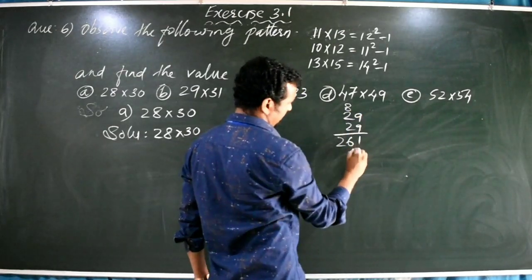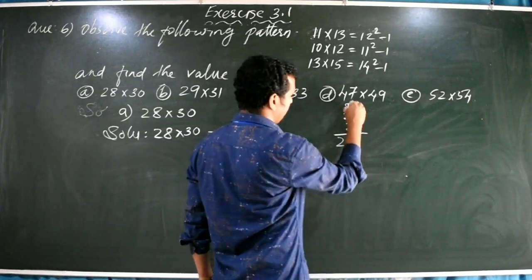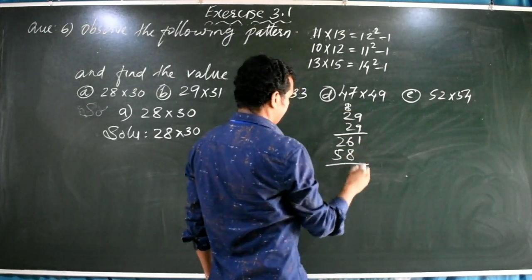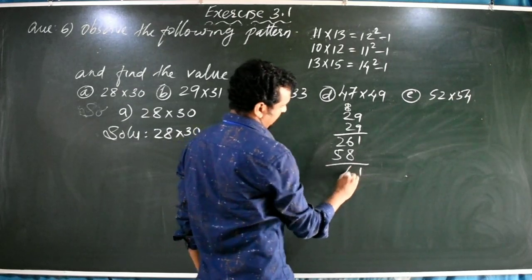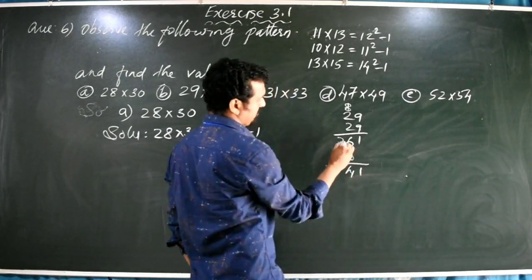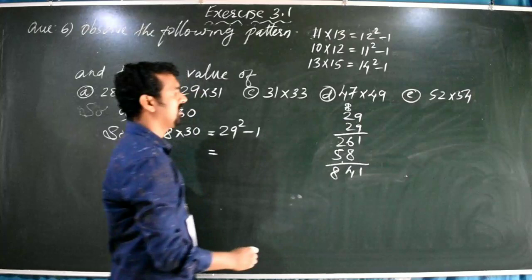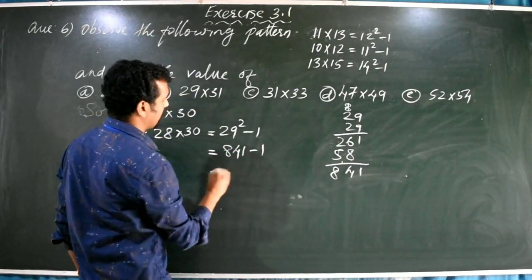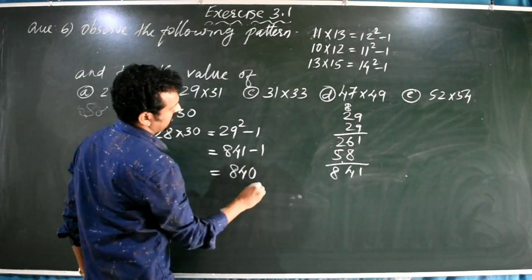Then 9 twos are 18, write 8, remainder 1. 2 twos are 4 plus 1, 5. 1. 8 plus 6 is 14, write 4, remainder 1. 5 plus 2, 7 plus 1, 8. So 841. 841 minus 1, what is the answer?